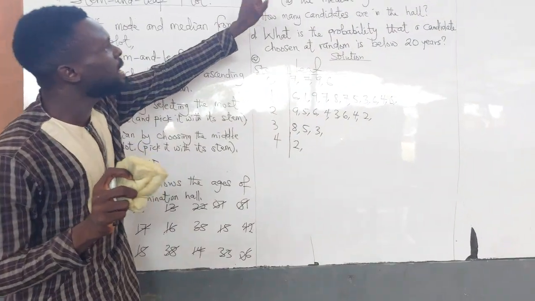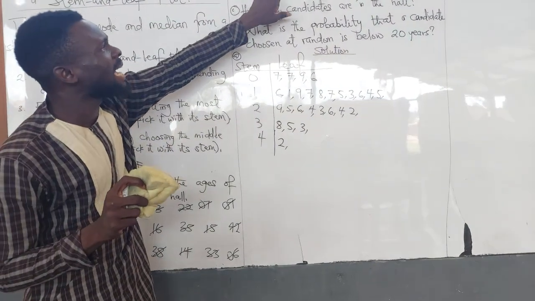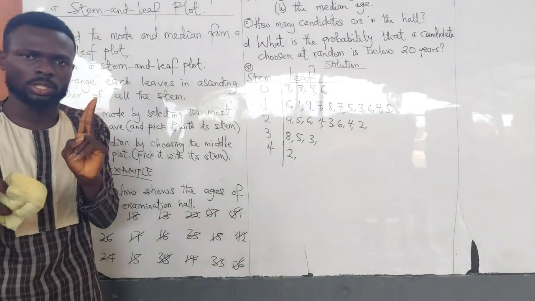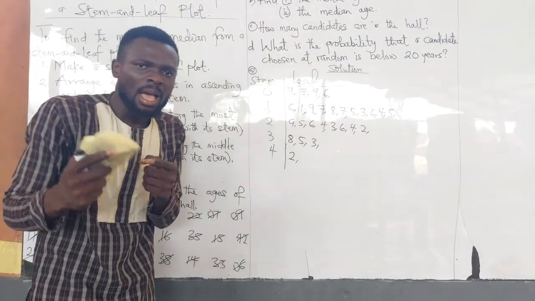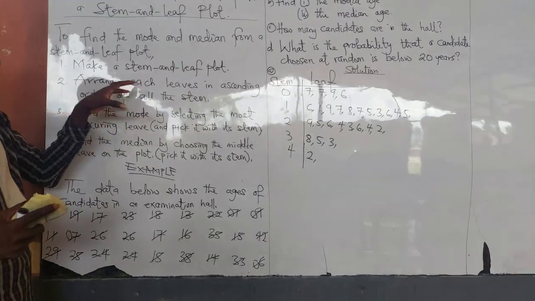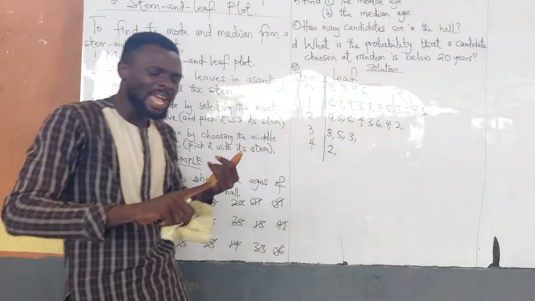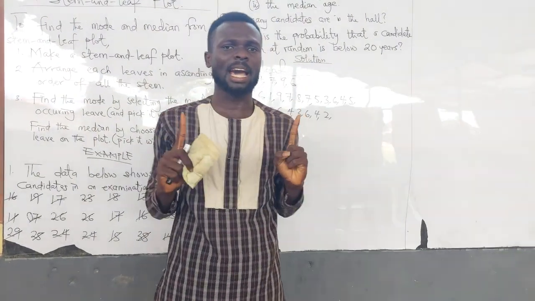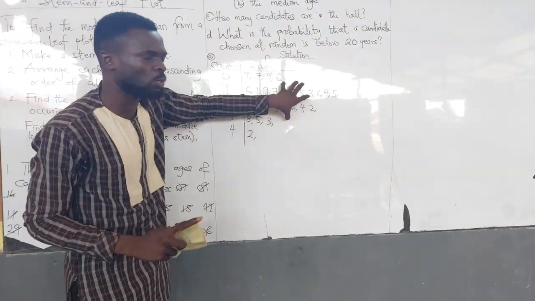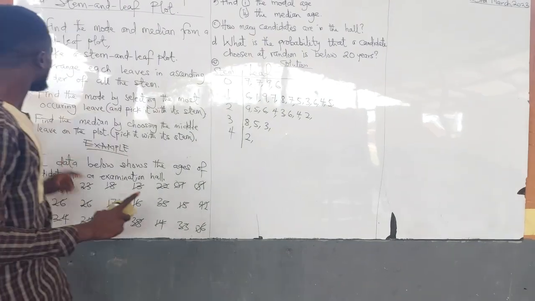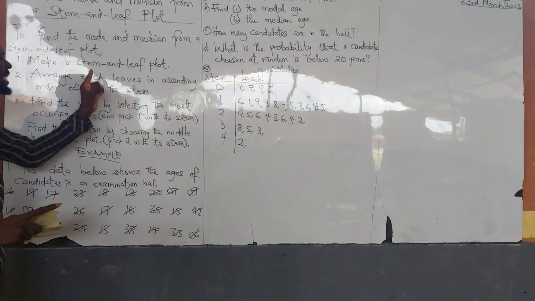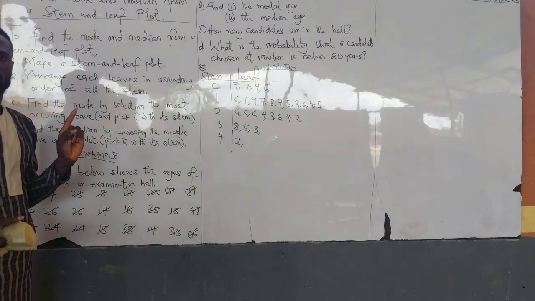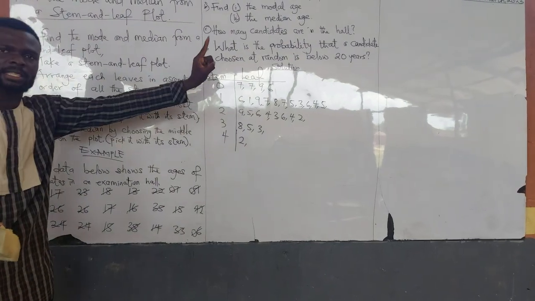Now when we come to B, find the modal age. That is the mode. But we have been told that before we can find the mode or the median, we have to first make our stem and leaf, which is what we have here. Then number 2, arrange each leaf in ascending order of all the stems.